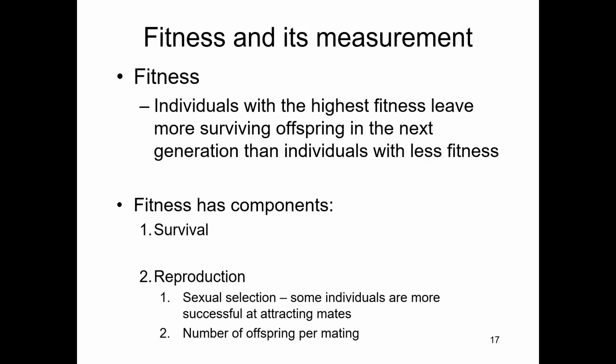So really the least fit scenario would be doesn't survive very long, doesn't attract a mate very well, doesn't have very many babies. So those are kind of the two far ends of the spectrum of fitness, but most organisms, or most phenotypes, probably fall somewhere in the middle. So you have to think of fitness as having a lot of components.